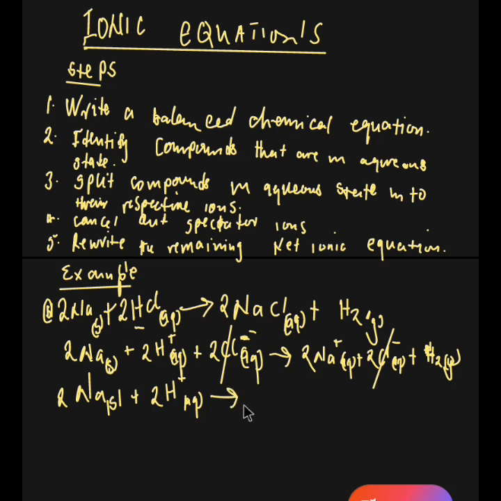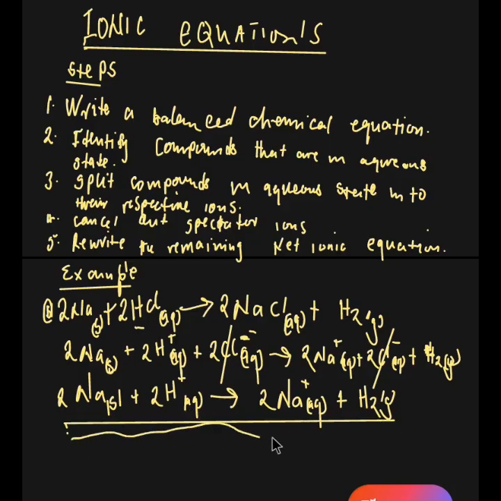Then you move to what else is remaining there. You have sodium ion, which is in aqueous state, and hydrogen gas, like that. So this is our net ionic equation, our simple net ionic equation.